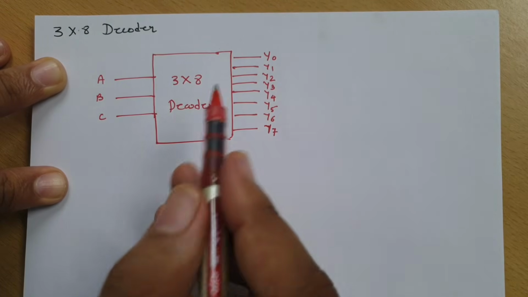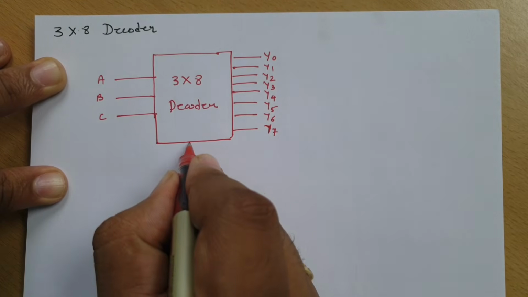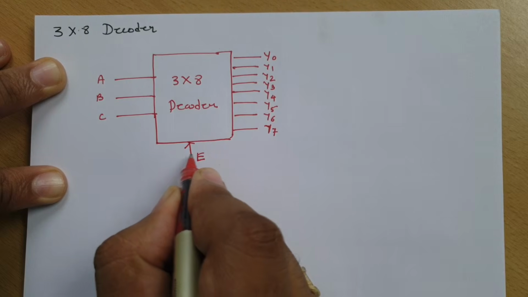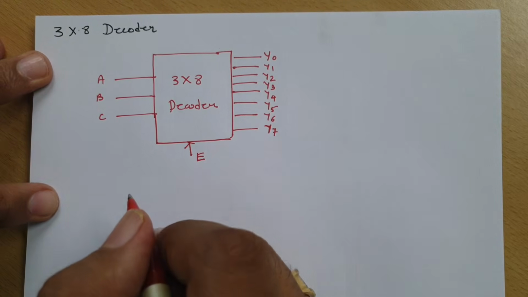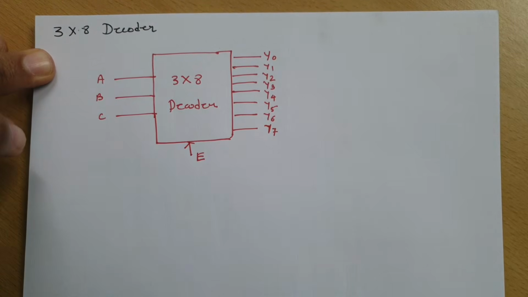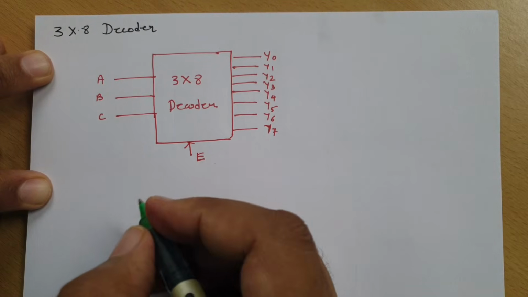And to enable this decoder, we have an enable terminal, which is a very important terminal. If this enable terminal is 0, in that case this decoder will be disabled.